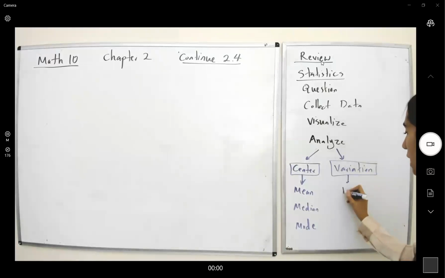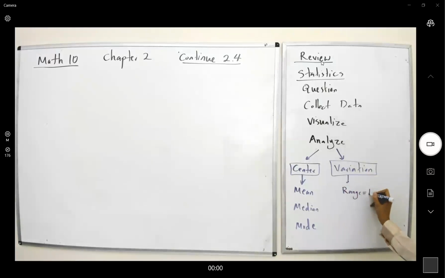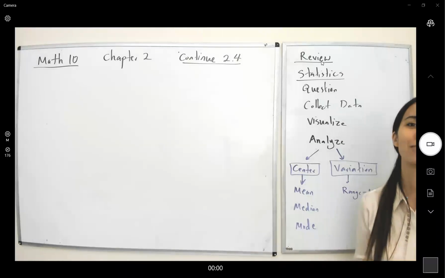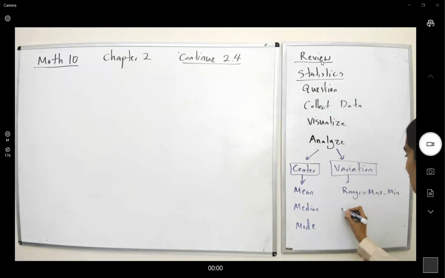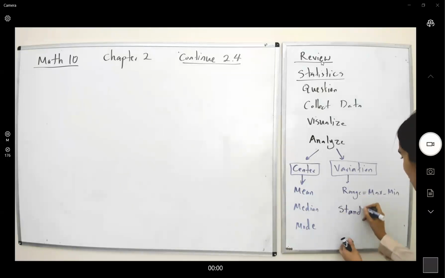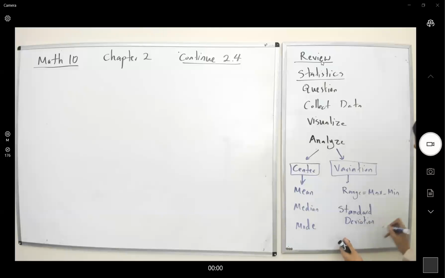Remember that range was just maximum minus the minimum. It doesn't include the middle numbers. So we came up with the idea to use something else that we call standard deviation: s sub x for the sample and sigma sub x for population.